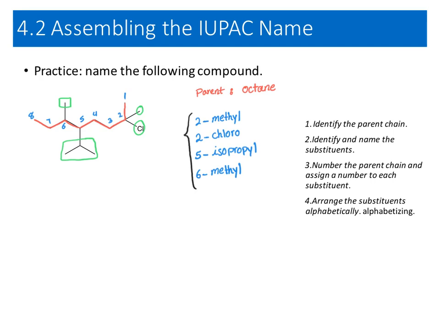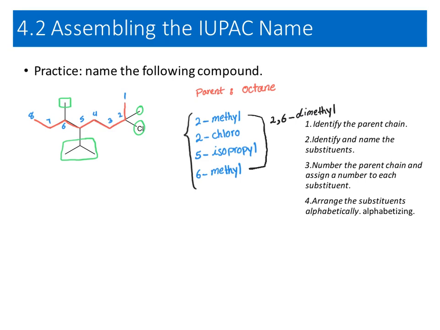Now, I have 2 methyl substituents in this molecule, so I can combine them together. So instead of writing 2-methyl, 6-methyl, I can write 2,6. To separate the numbers, we use a comma. I have 2 methyls, therefore it should be dimethyl.